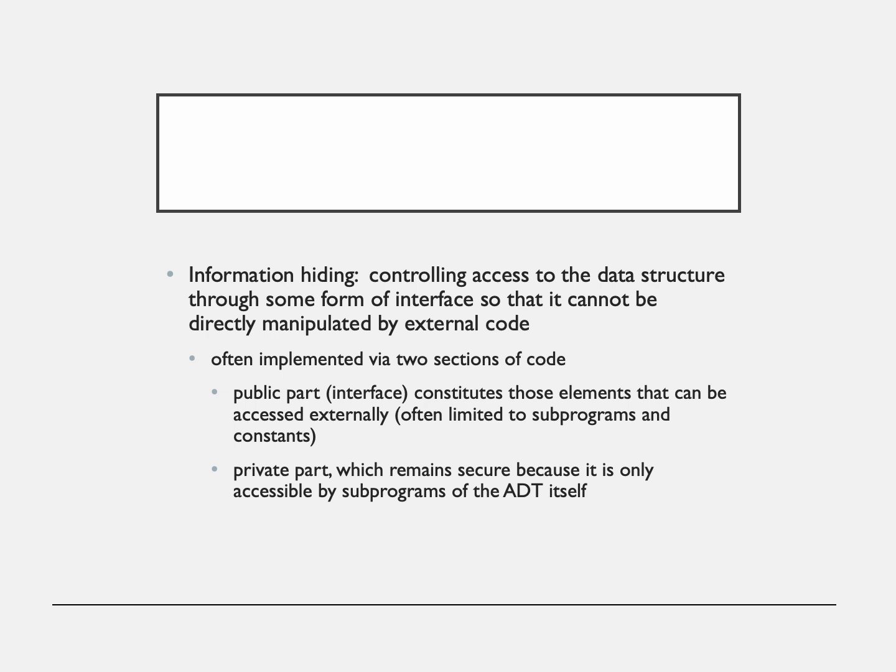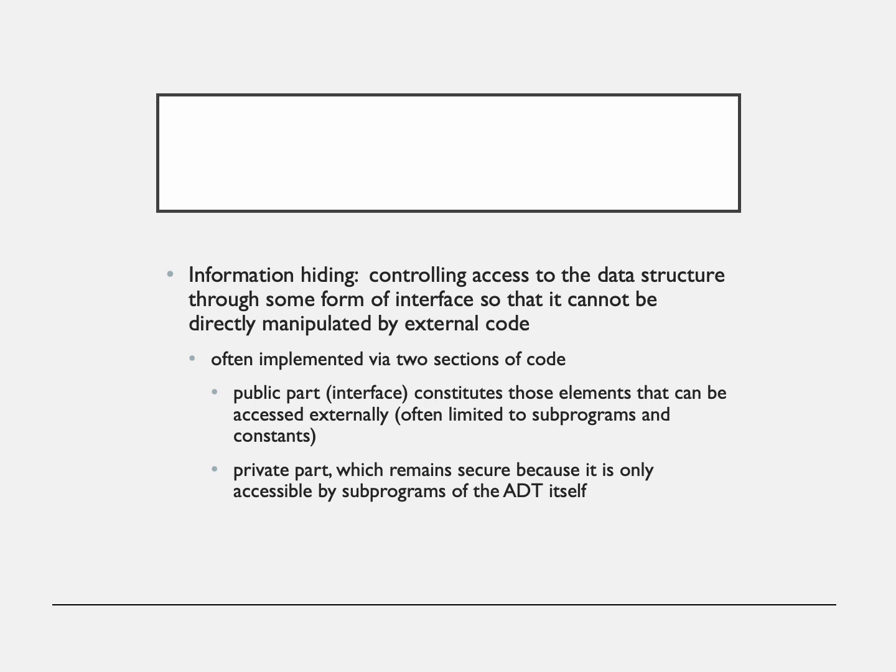Now, this is usually implemented in two parts. First, the public part or interface, which defines what operations are available externally. This is often limited to methods and constants that users of the entity are allowed to call. Now, the private part, which holds the actual data and implementation details.